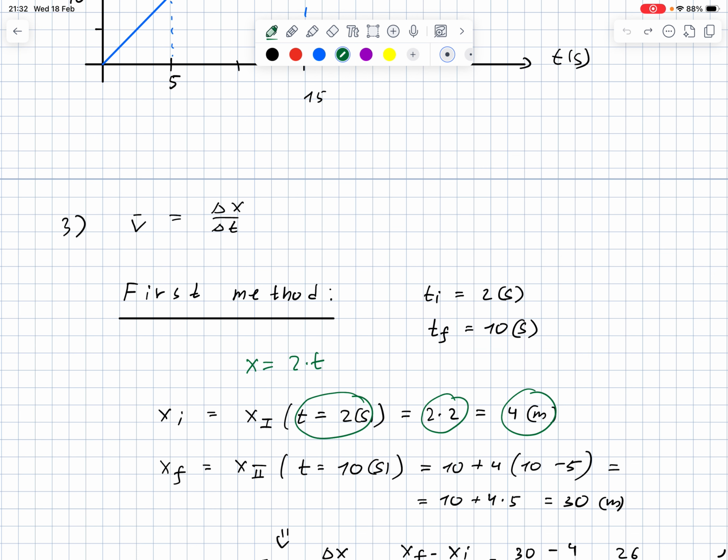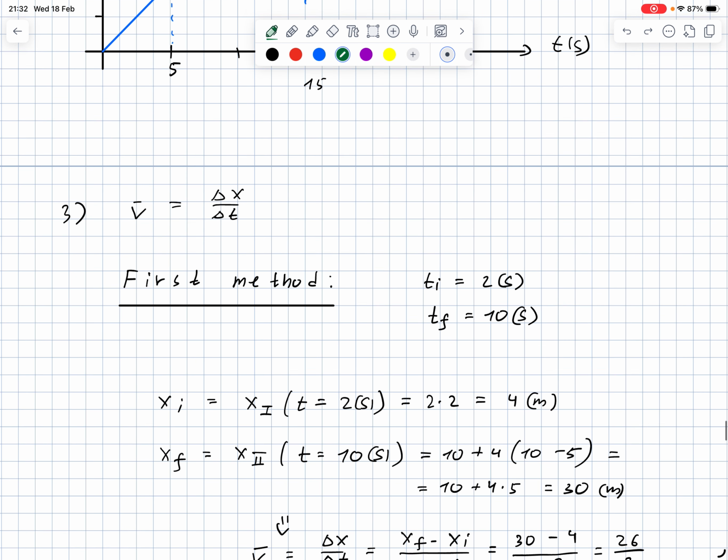Now, if we want to calculate the final position, we're going to use the second segment, which was equal to 10 plus 4t minus 5. And we're going to substitute this t with 10 seconds. And finally, we get that final position is 30 meters. And finally, we can calculate average velocity.